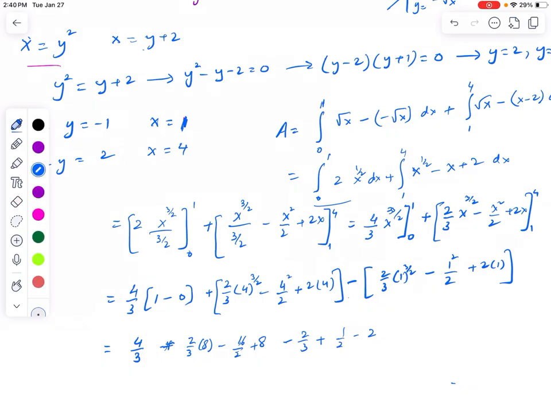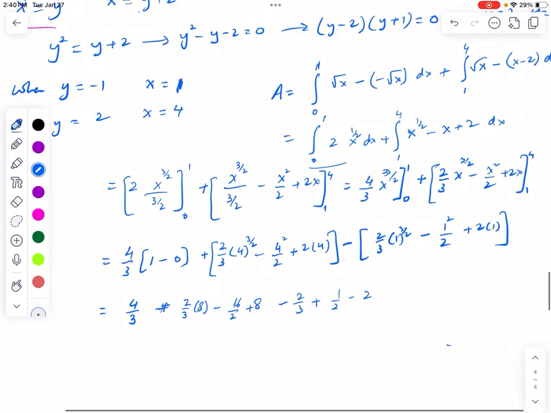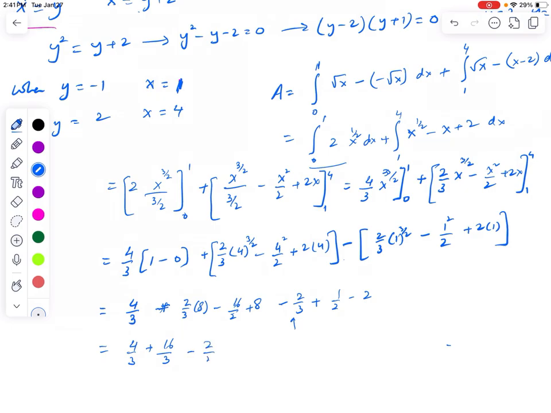Sorry, it was minus 2 plus 1 half. So 6 minus 2 is 4, plus 1 half. Try it for yourself, the same problem done in a slightly different way, which is quicker and easier. But it is your choice how you want to do it.